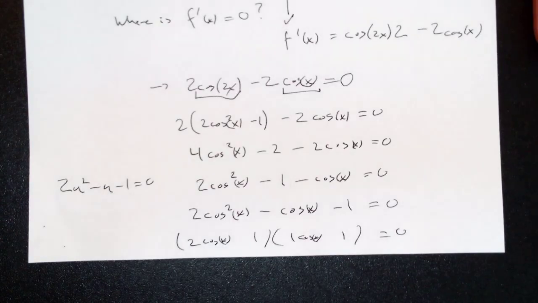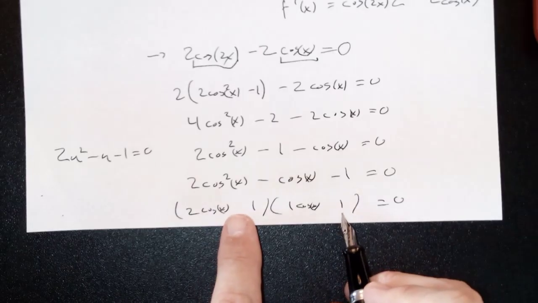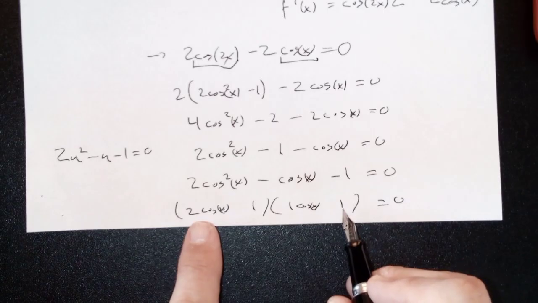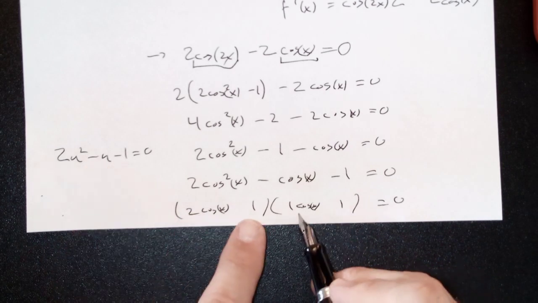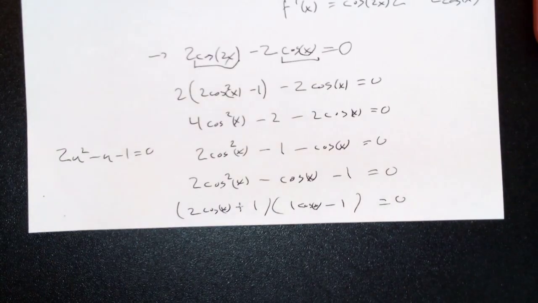Which one is negative? Which one is positive? I want these two to multiply to give me minus 1. One has to be plus, one has to be minus. I want them to add. I need to subtract these to get a negative. I need negative 2 and positive 1. Plus here, minus there.